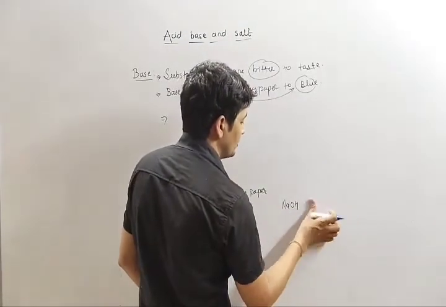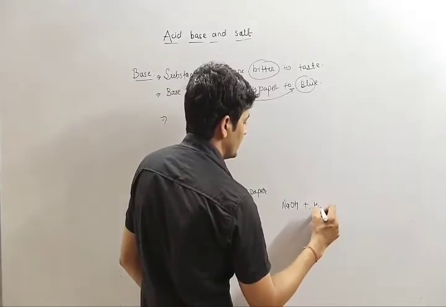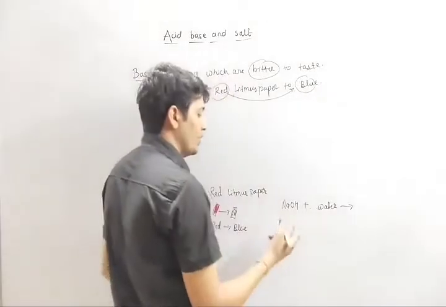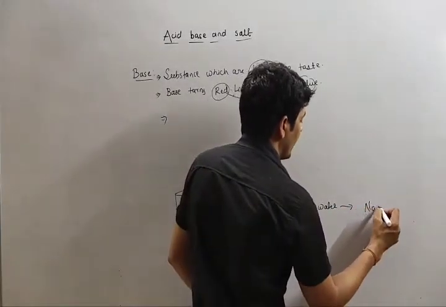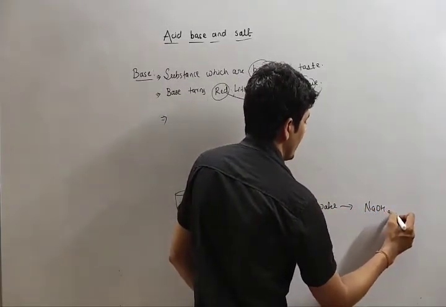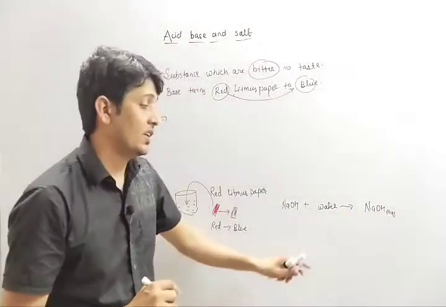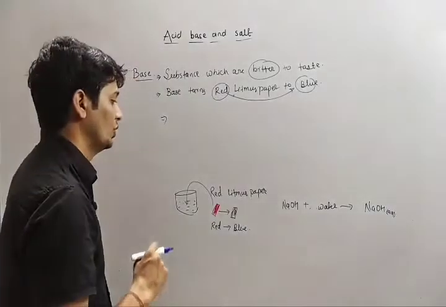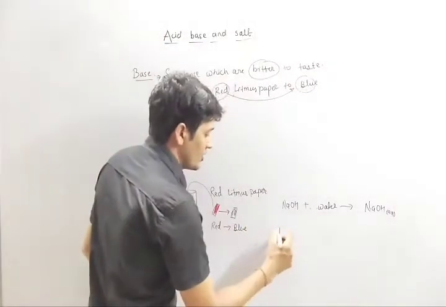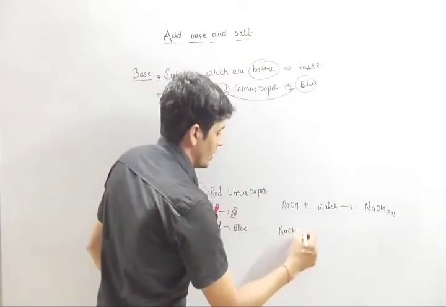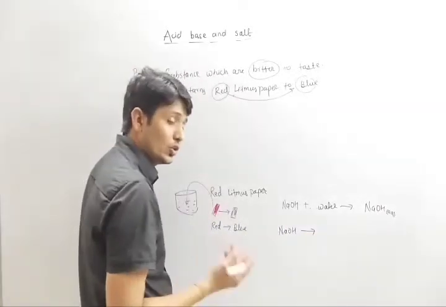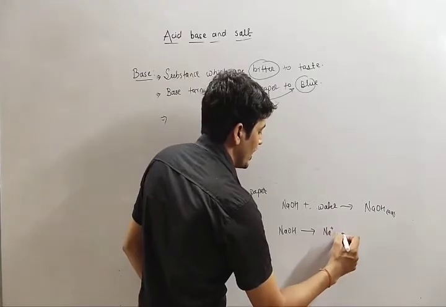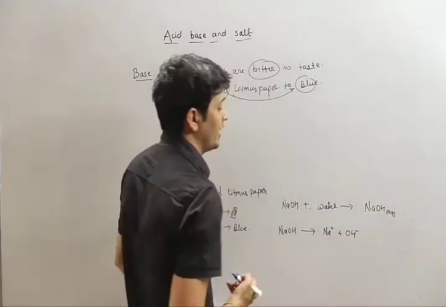So NaOH plus water gives NaOH(aq). AQ means it is the solution of sodium hydroxide in water. When NaOH dissolves in water, it dissociates, that means it breaks down to form Na positive ion plus OH negative ion.